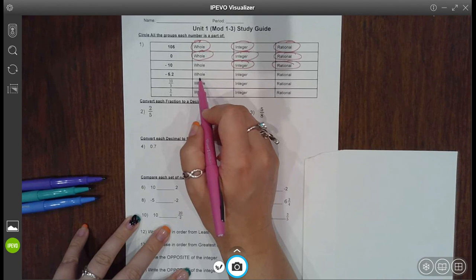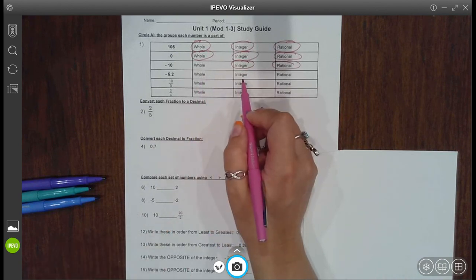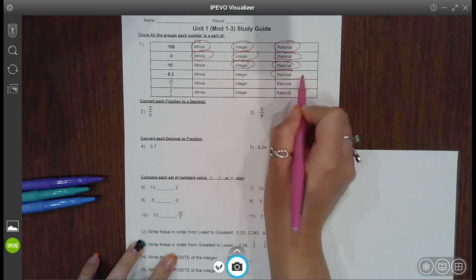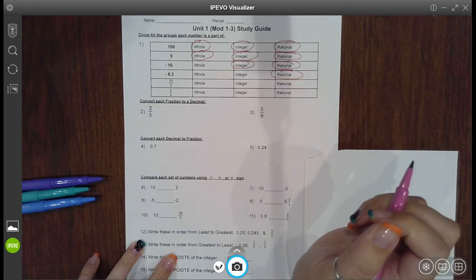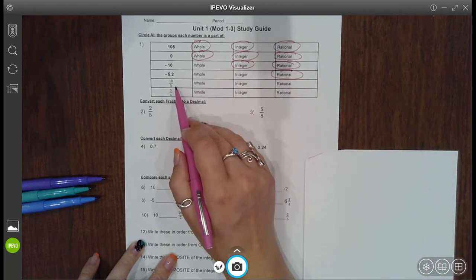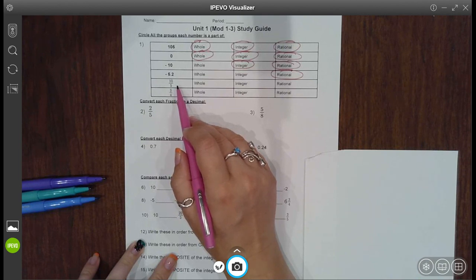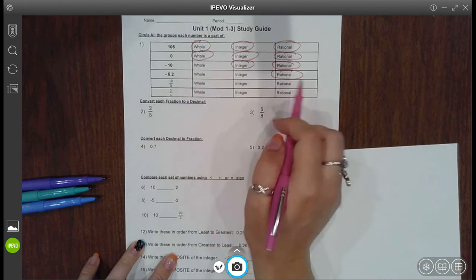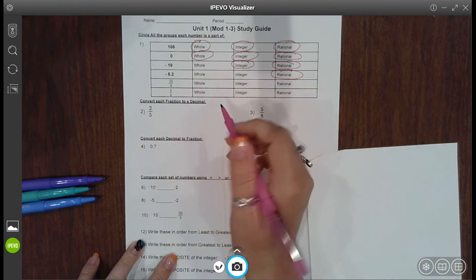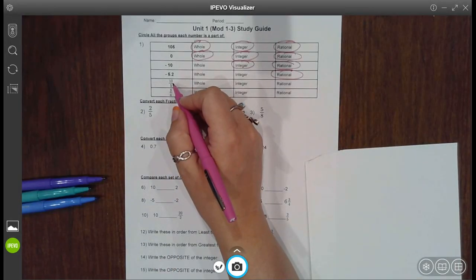-5.2 is not a whole number. It's also not an integer, because remember, integers can't include fractions or decimals. So it's only rational. Now this one's tricky because I just said, remember, integers can't include fractions or decimals. And you're like, oh, it's a fraction, so it's only rational like the previous one. However, can this reduce?